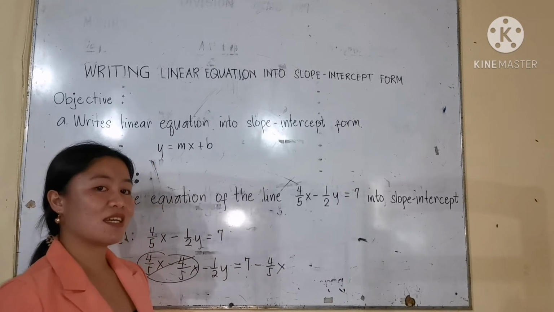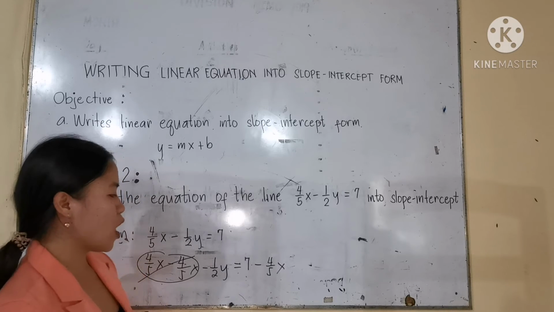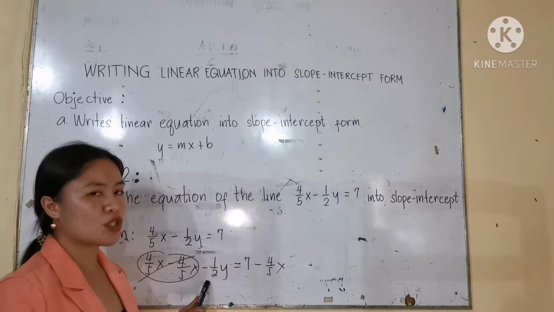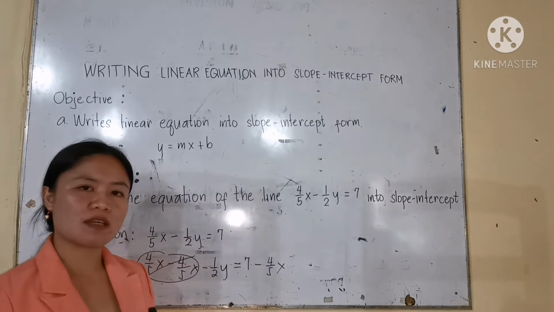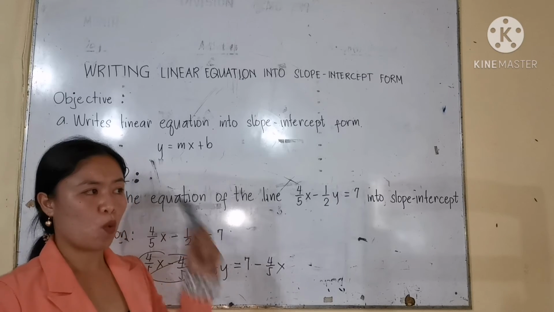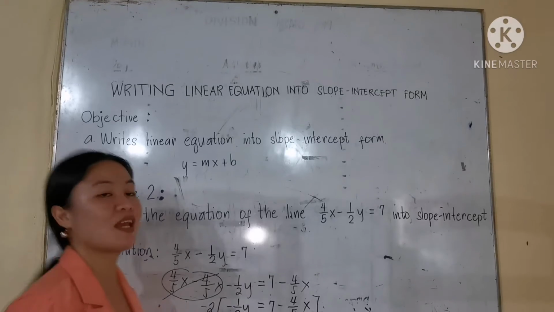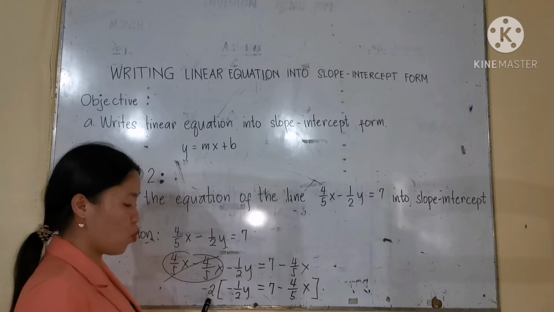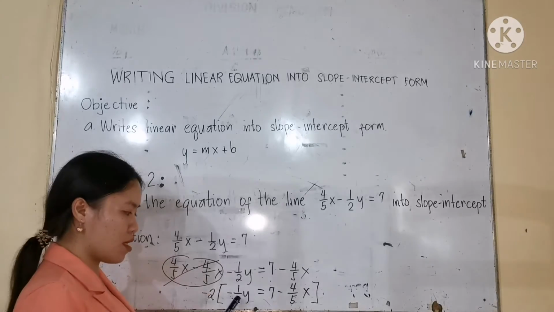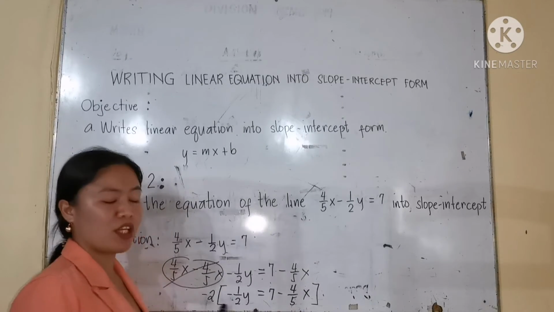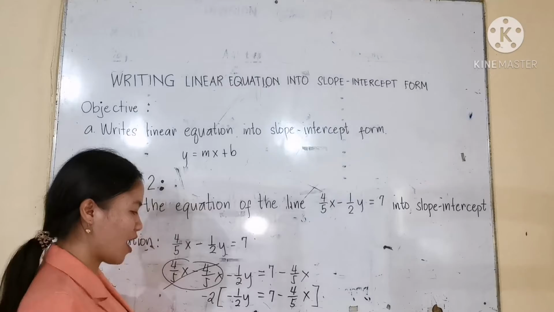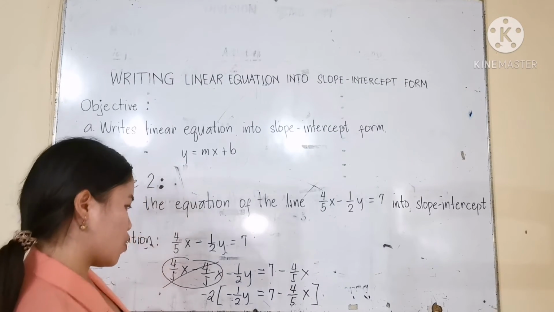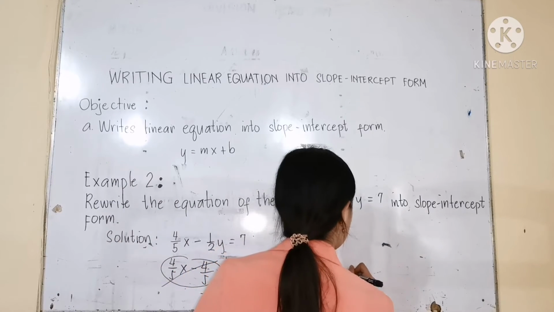We are going to multiply negative 2. Let us see if it will result to y or 1. We are going to multiply the equation with negative 2 to make the numerical coefficient 1. Okay? So negative times negative equals positive. So we're going to put the answer in here.